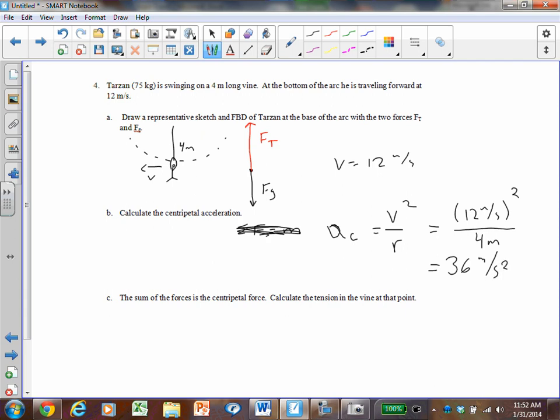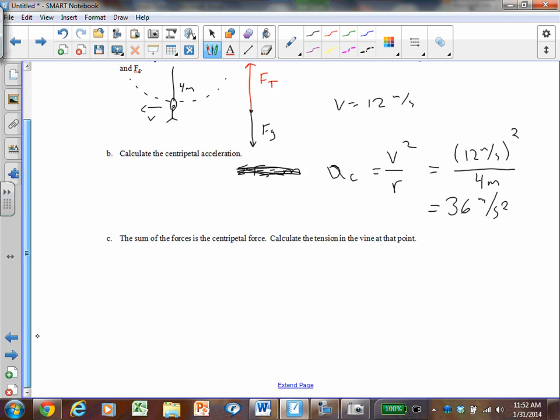Meters per second squared. And then I tell you down here, the sum of the forces is the centripetal force. Calculate the tension. The sum of the forces is Ft minus Fg, Ft up, Fg down, equals the mass times AC.